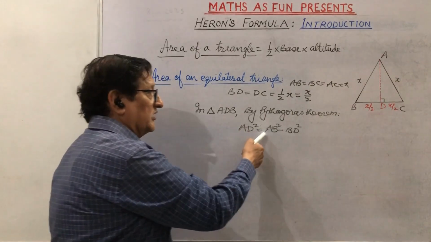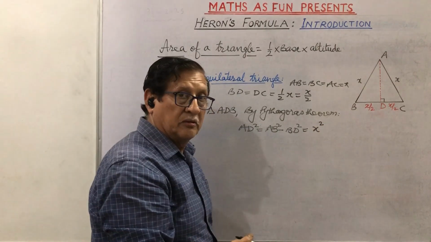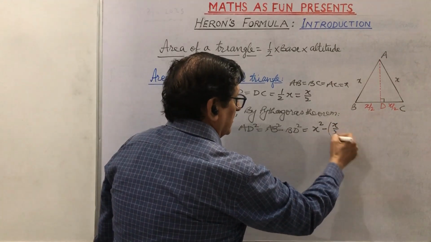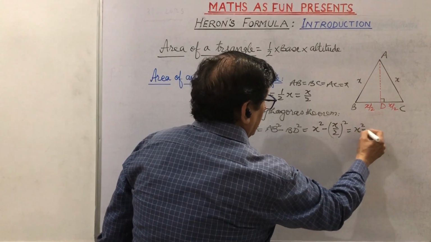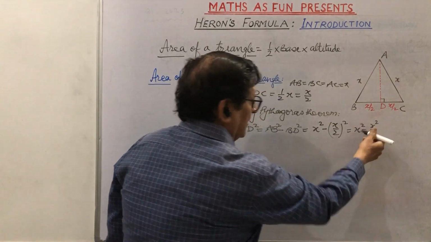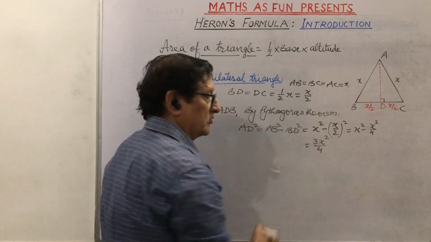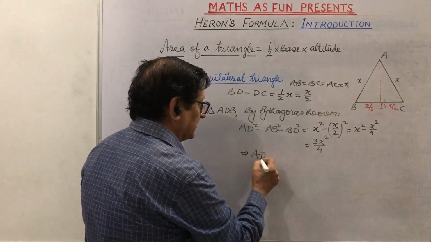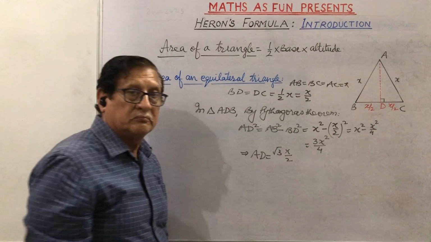But here the difference is that AB is x, that is x square. BD is x by 2, so this will be square of x by 2. And hence it becomes x square minus x square by 4. Taking LCM 4, this will come as 3x square by 4. It means we are finding that the altitude AD is root 3 x by 2.